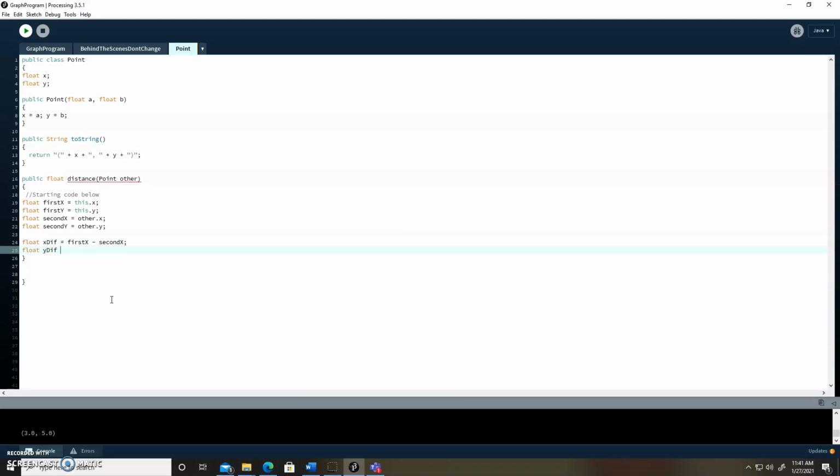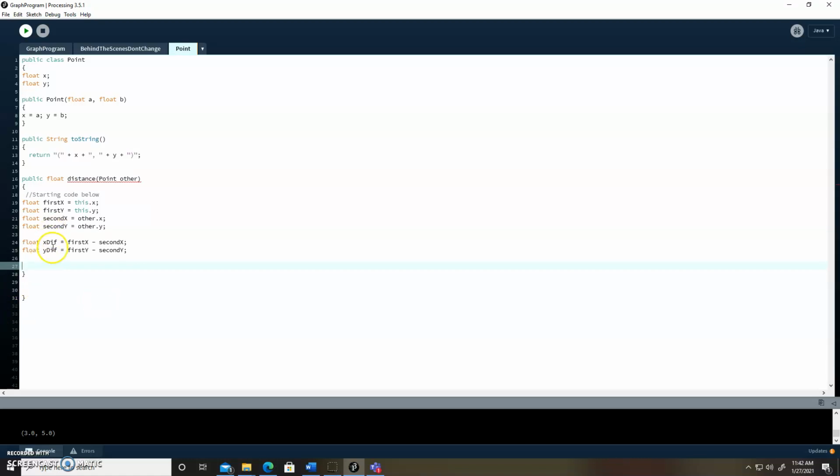Y diff, the difference in the y coordinates, is first y minus second y. And it doesn't matter which order we subtract those in, whether it's first x minus second x or second x minus first x, because we're going to square those values.